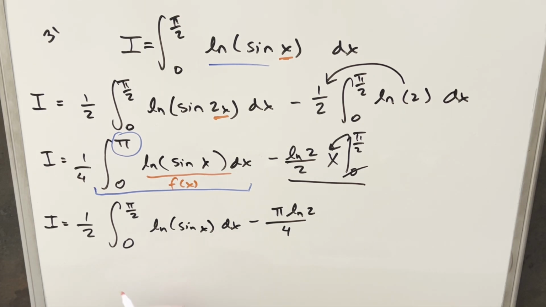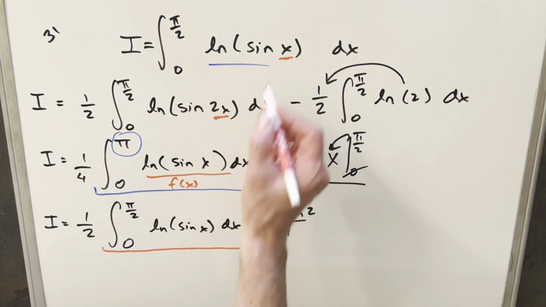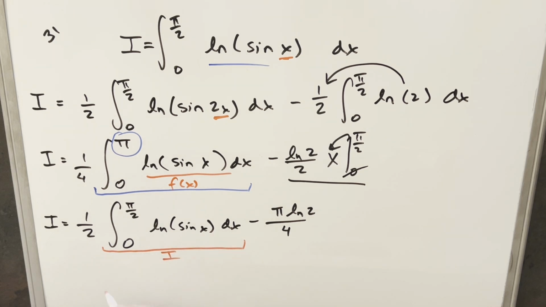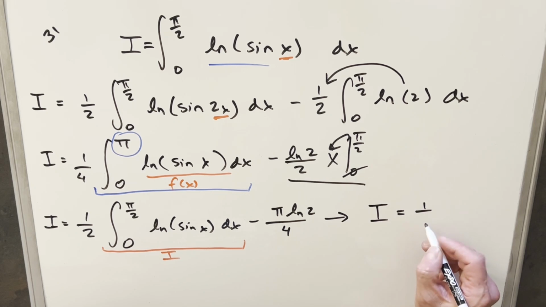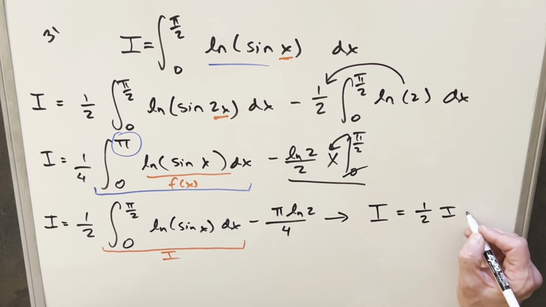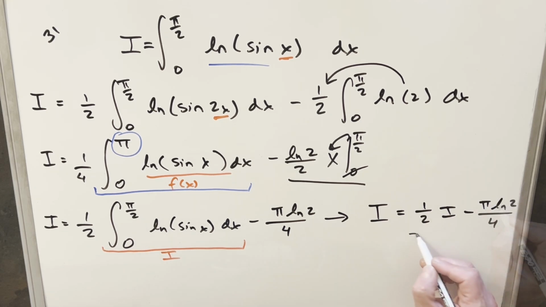Okay, now I think we have this perfectly set up because what we have right here is exactly our original integral, so we can label this I. Then identifying this as I, we can create a little equation that I is going to be the same thing as 1/2 I minus this piece, but then I can just subtract 1/2 I on both sides.